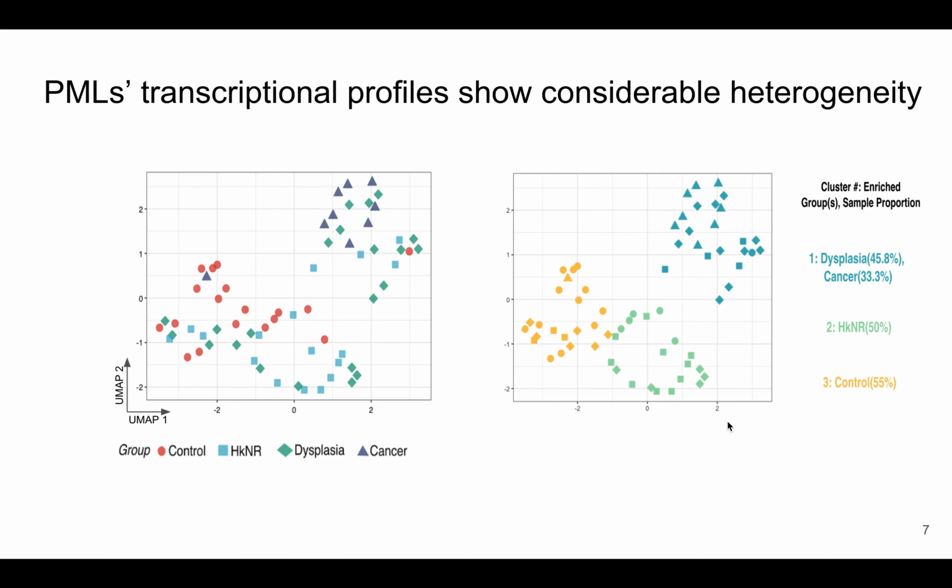This one is predominantly HKNR, but dysplasia and cancer secluded towards the top right corner, showing much higher chi-square score. So this UMAP plot gives us an idea that the transcriptional profile shows considerable heterogeneity.